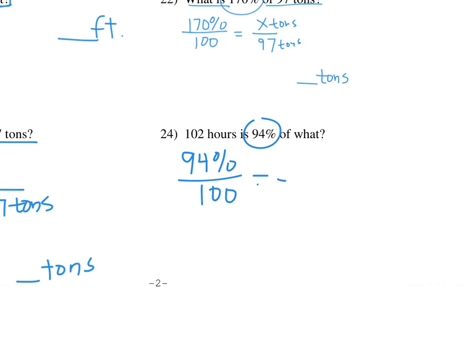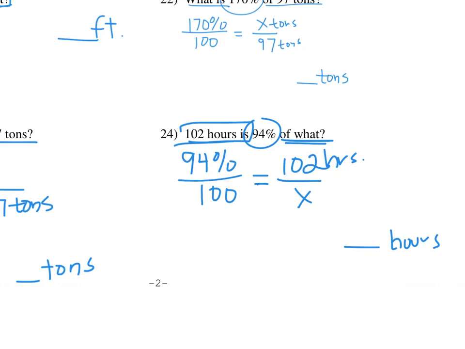Sometimes I write the percent there, and sometimes I don't. You don't have to. 102 hours of what? Of goes on the bottom. 102 hours is 102. Okay. And the answer is going to be hours, because I already know the percent. So it's going to be in hours.